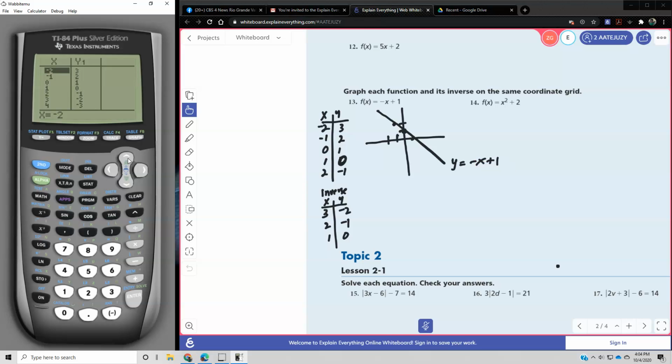My inverse, 3, negative 2, 2, negative 1, and then 0, 1.